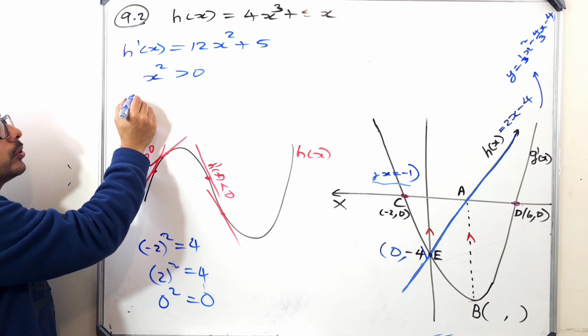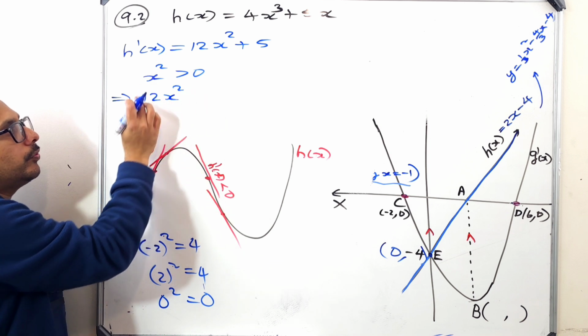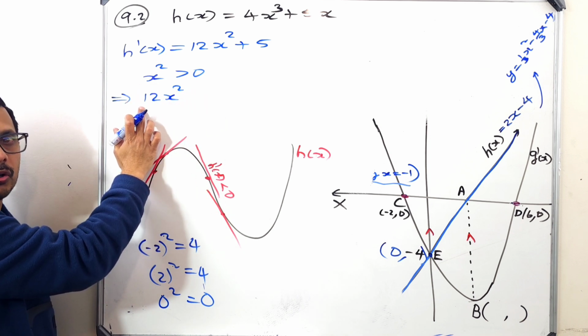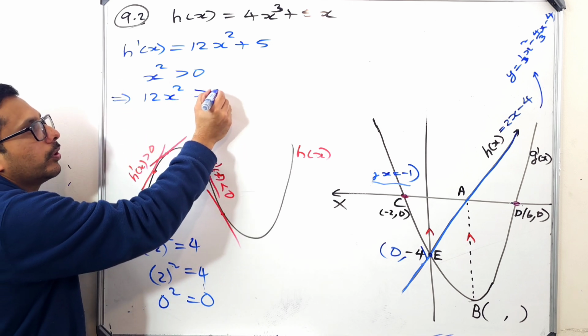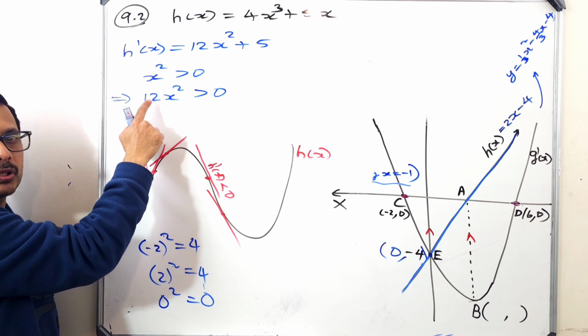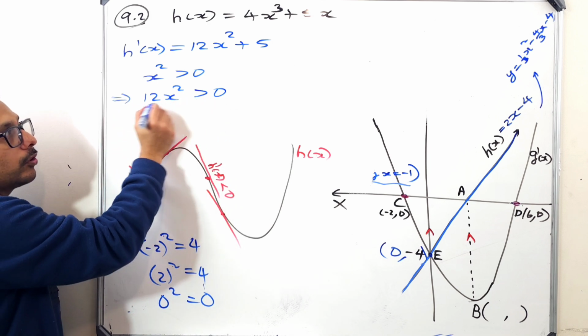Now this x squared is always positive. So what about 12x squared? If x squared is positive and you multiply a positive number with 12, that is also positive. Positive times positive is positive, am I right? So 12x squared is positive.